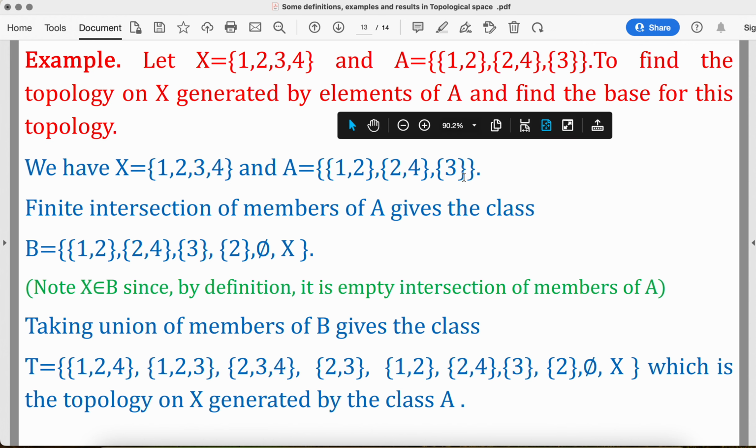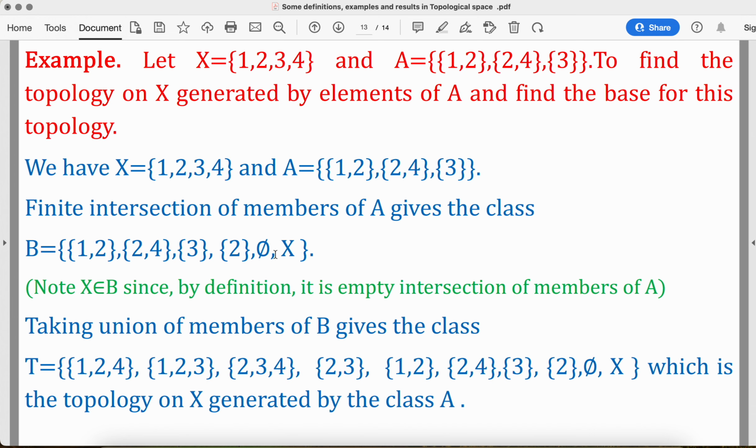Intersection of {1, 2} with {3} is phi. Intersection of {2, 4} with {3} is again phi. I am not repeating it, and I have considered here X because by definition it is the empty intersection of members of A. So this forms a basis for our topology.